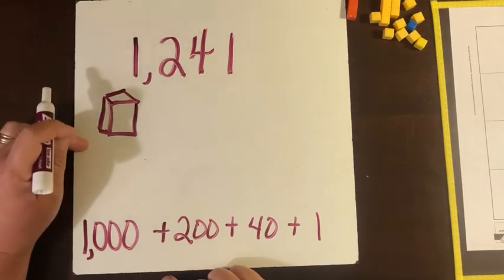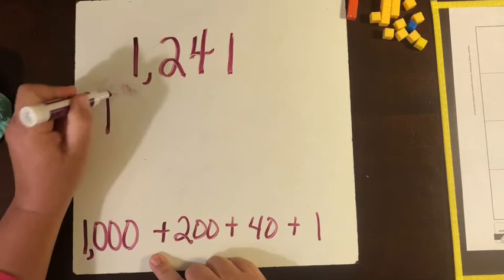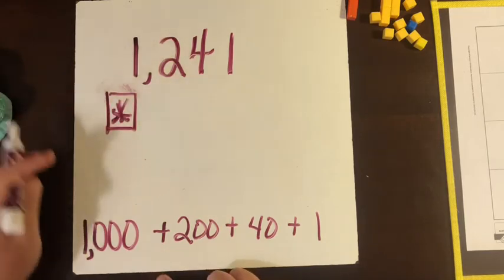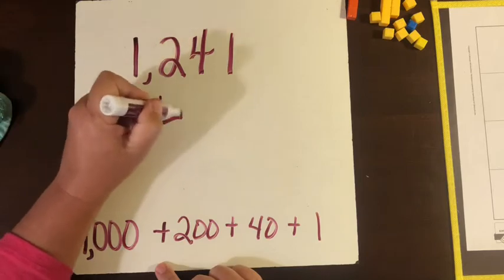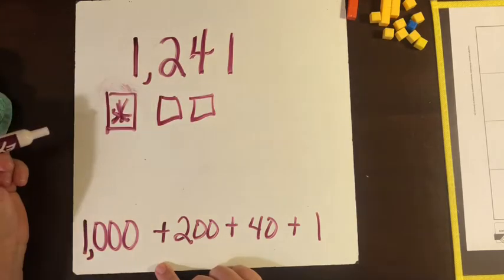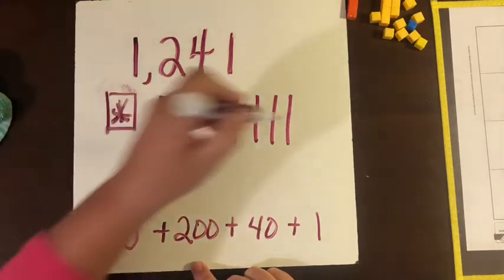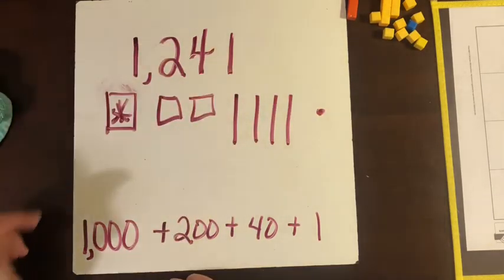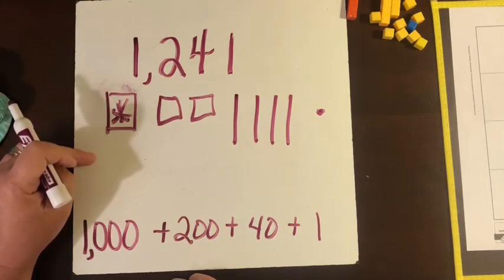If that's hard for you, you can draw a flat with a big star in the middle. That lets me know that it's 1,000. And then you could say 200, 41. Okay, remember the 1,000 is a cube, it's not a flat.